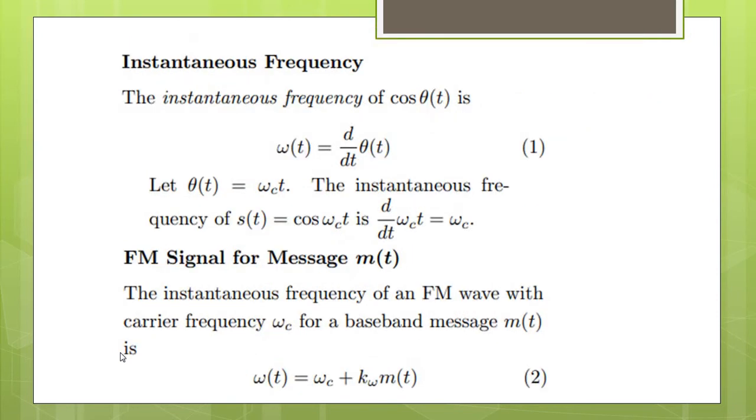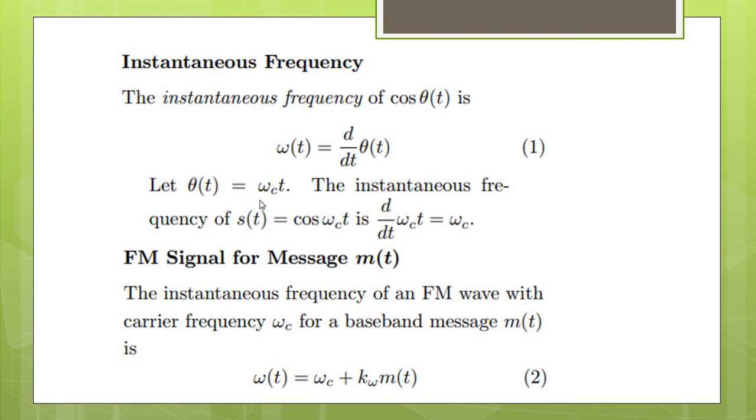So, as we all know, frequency modulation. In frequency modulation, the frequency of the carrier signal varies in accordance with the instantaneous amplitude of the message signal. So here the instantaneous frequency, you can write it as omega(t) is equal to d by dt of theta(t).